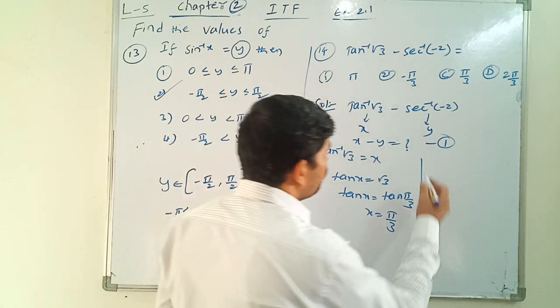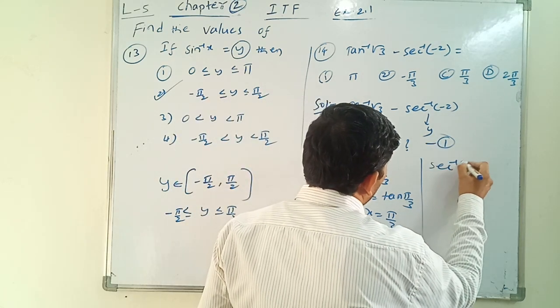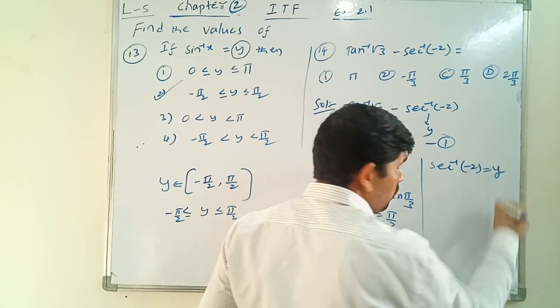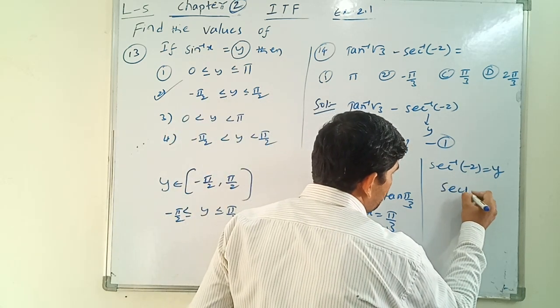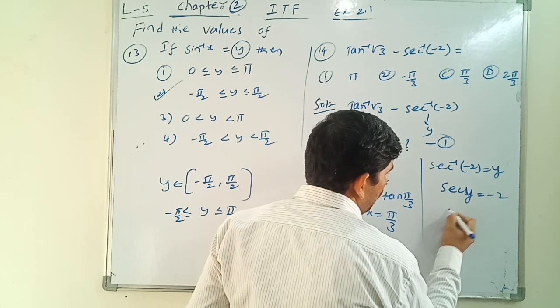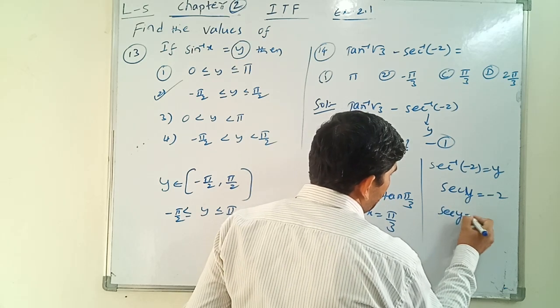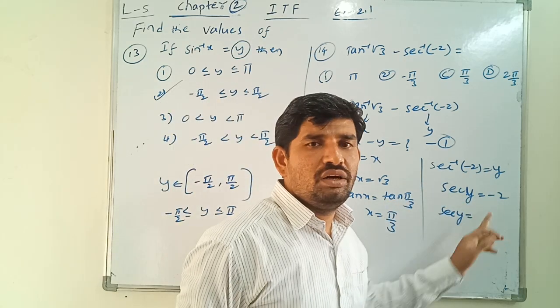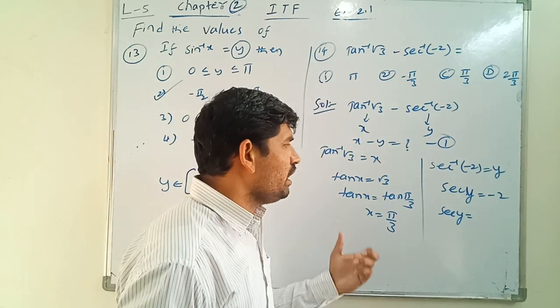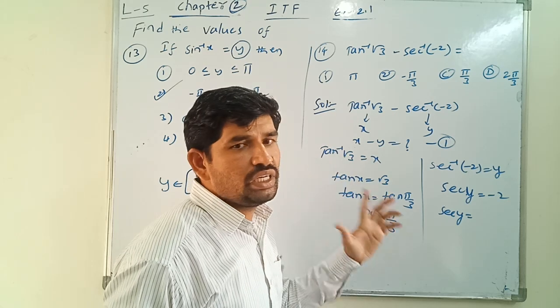And secant inverse of minus 2 is equal to y. So by writing this, secant y is equal to minus 2. Now we have a negative sign for cos, cot, sec, so definitely we have to check in which quadrant secant is negative.